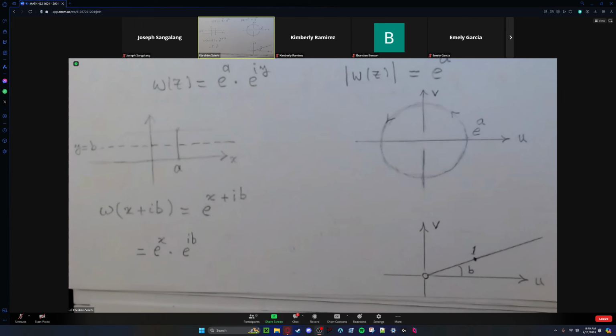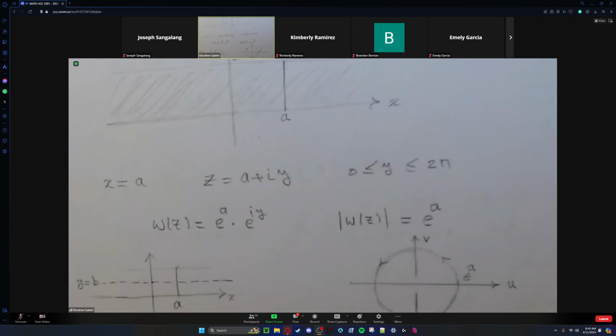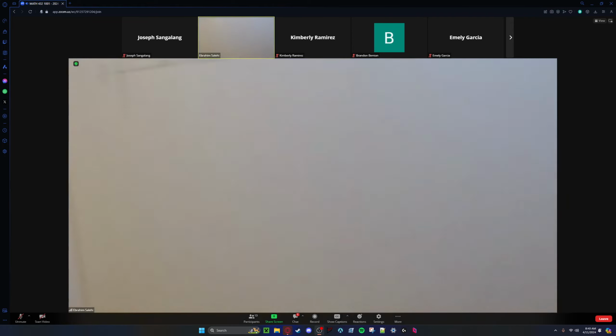Well, we can always combine these, right? And when I'm talking about a region of the xy plane, we can combine this. For example, the question that you might get is this.